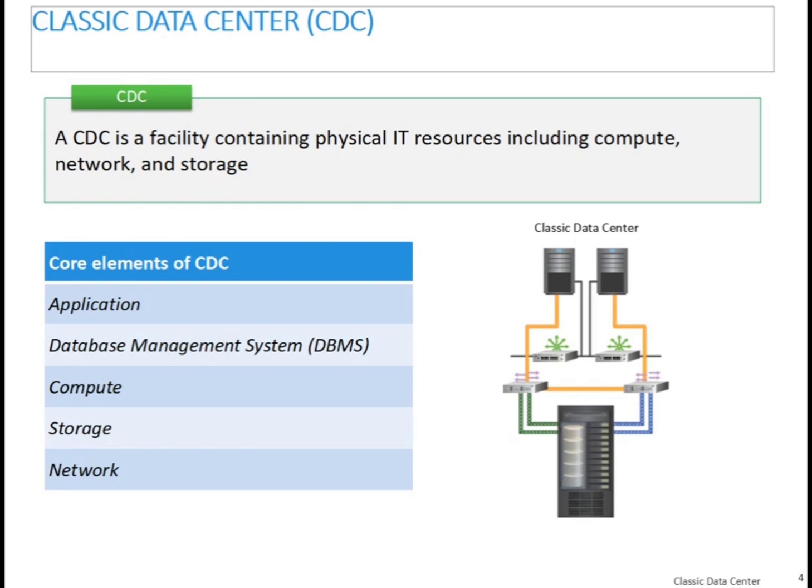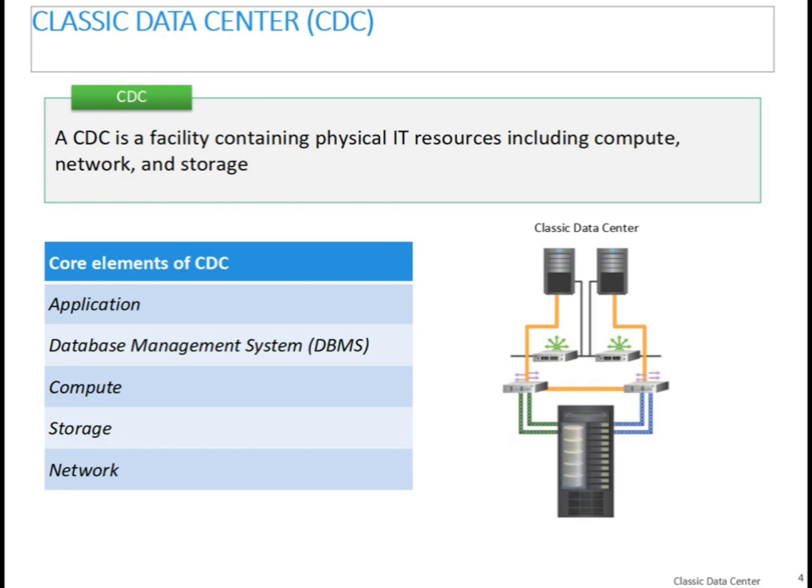Compute is a physical computing machine, or we can say server, that runs operating system, application, and database. Next is storage. Storage refers to a device that stores data persistently for subsequent use. Network is a data path that facilitates communication between clients and compute system, or between compute system and storage.